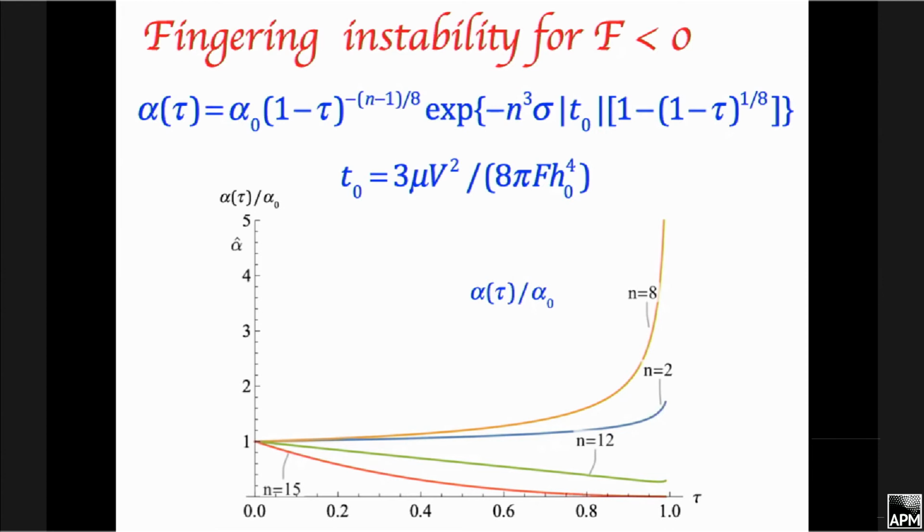When F is less than 0, the perturbed alpha as a function of time is given by the somewhat complicated expression.